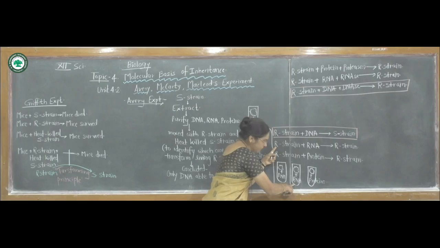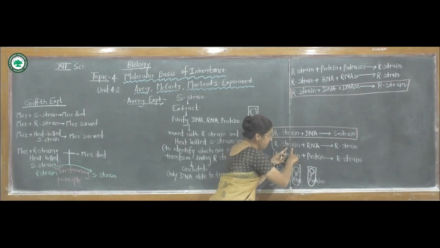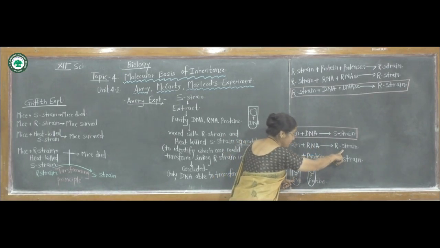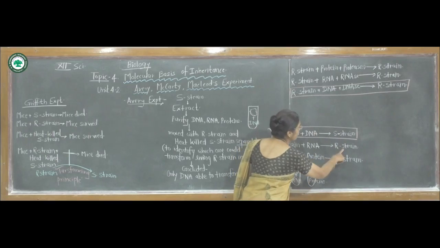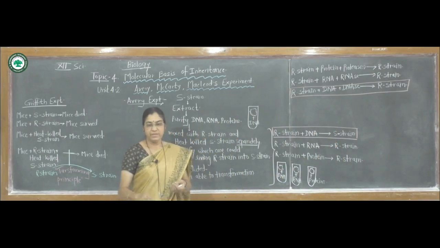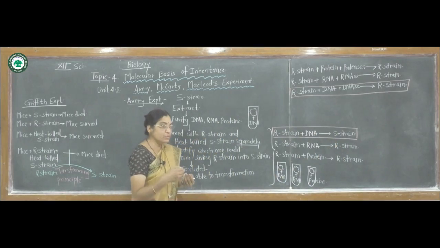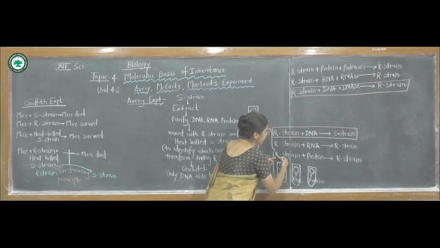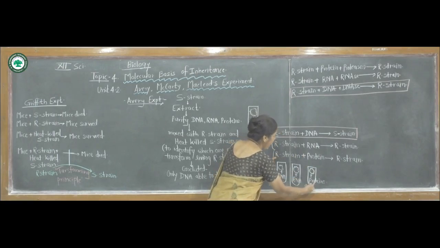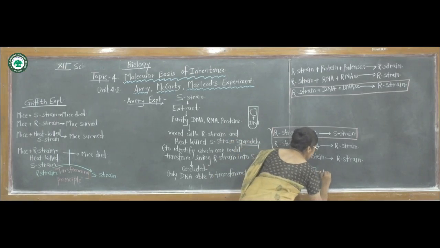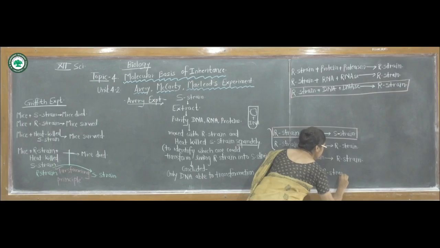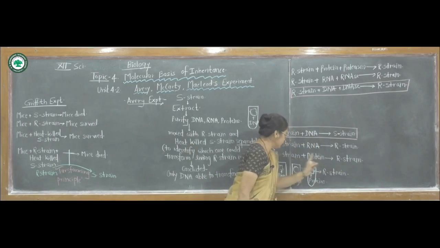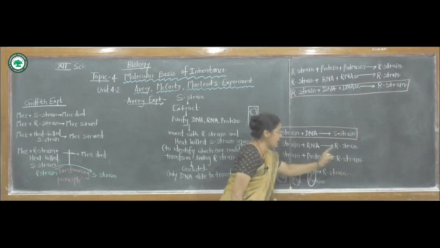In the second step, when RNA was added to the R strain bacteria, the result was that the R strain bacteria remained as they were. There was no transformation, no conversion. In the third step, Avery added proteins to the R strain bacteria, and the result was that the R strain bacteria remained as they were.